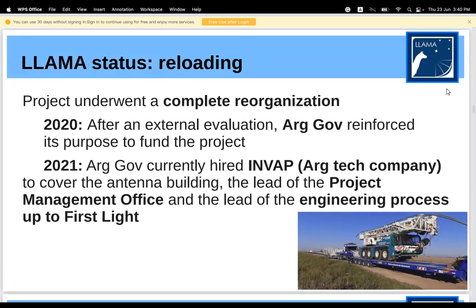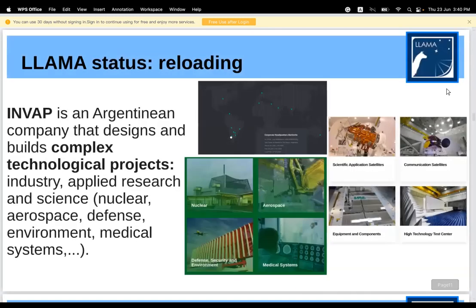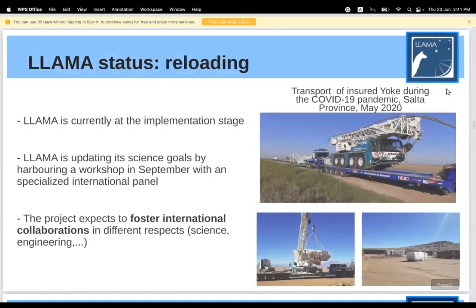So we are now on the path to build the antenna after hiring this company, called INVAP. It's an Argentinian company that designs and builds complex technological projects for industry.